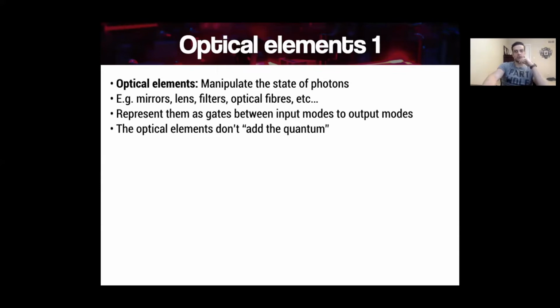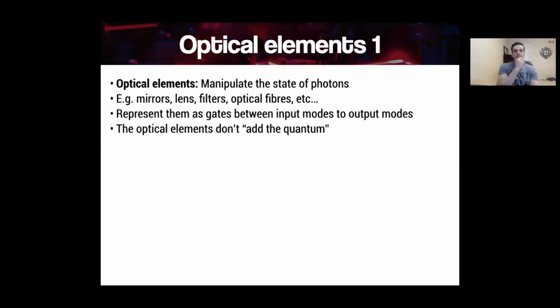I said this before, maybe I'm reiterating it too much, because at first I felt like I didn't emphasize it enough, and then I went to refine the lectures, and maybe I'm overdoing it now. But the optical elements aren't what's adding the quantum to the system. The quantum effects come from the state of the photons or the measurement of the photons. I say or because there are some quantum implementations out there.